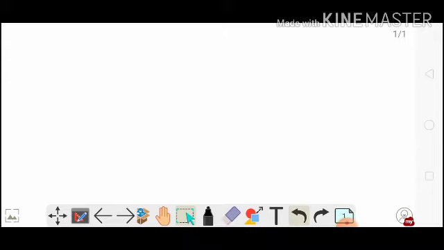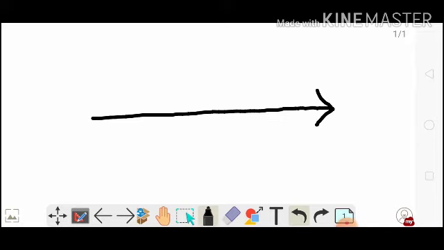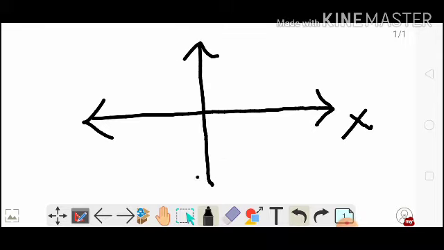In a graph we have two independent axes: the horizontal one is the x-axis, and the vertical one is the y-axis, right? So this is a Cartesian frame of reference to describe the position of an object in a two-dimensional plane.